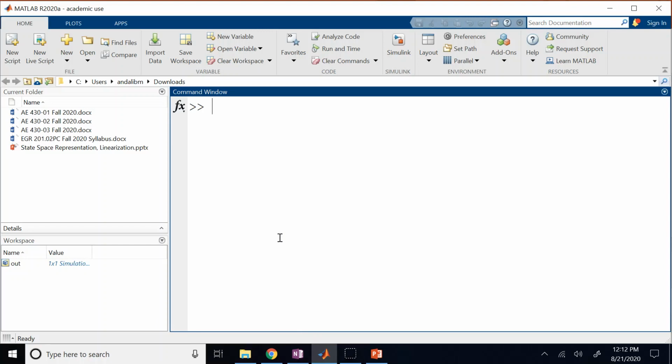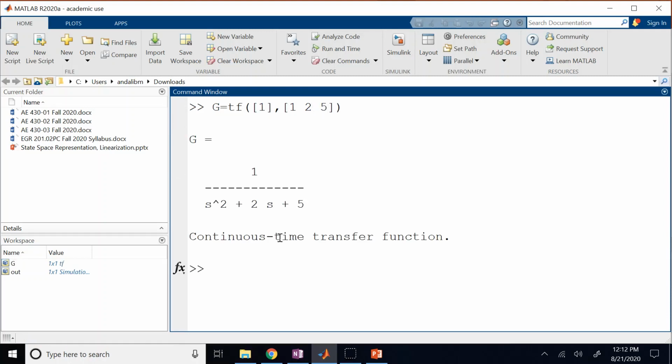For the mass spring damper example that we solved, let's go with M of 1, K of 5, and B of 2. Then my transfer function G will be TF of numerator 1, denominator ms squared plus bs plus k. So this is the transfer function I found using numerator and denominator and the command tf, correct?